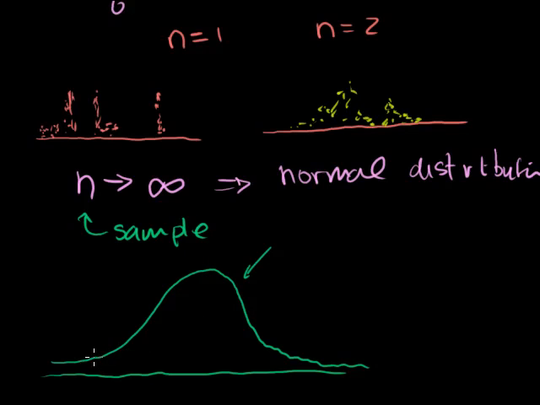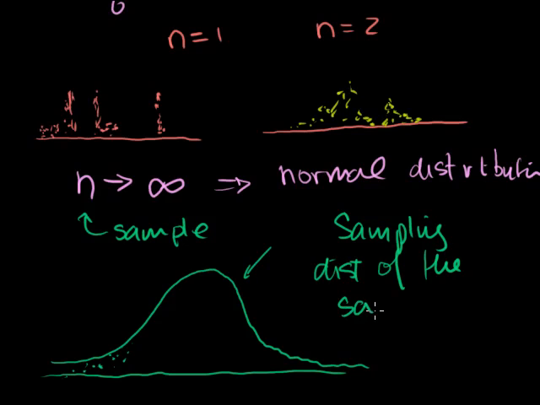And in theory, as we take those averages hundreds or thousands of times, our data set is going to more closely approximate that pure sampling distribution of the sample mean. This thing is a real distribution.